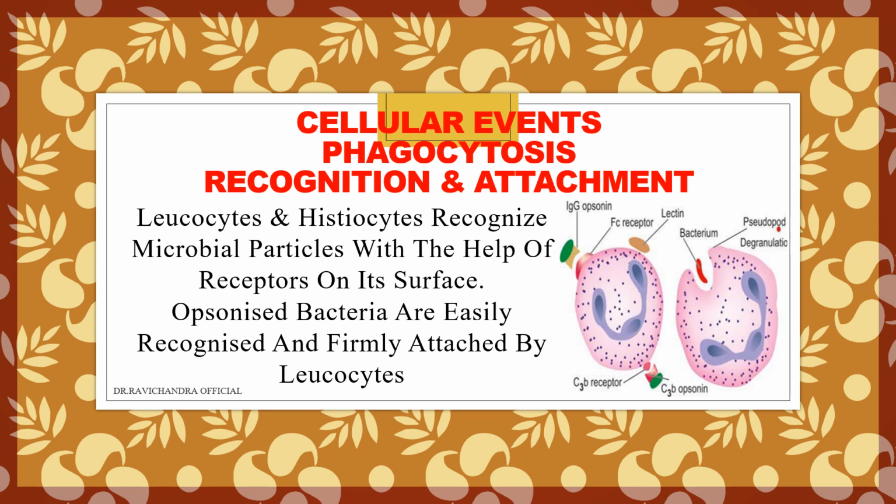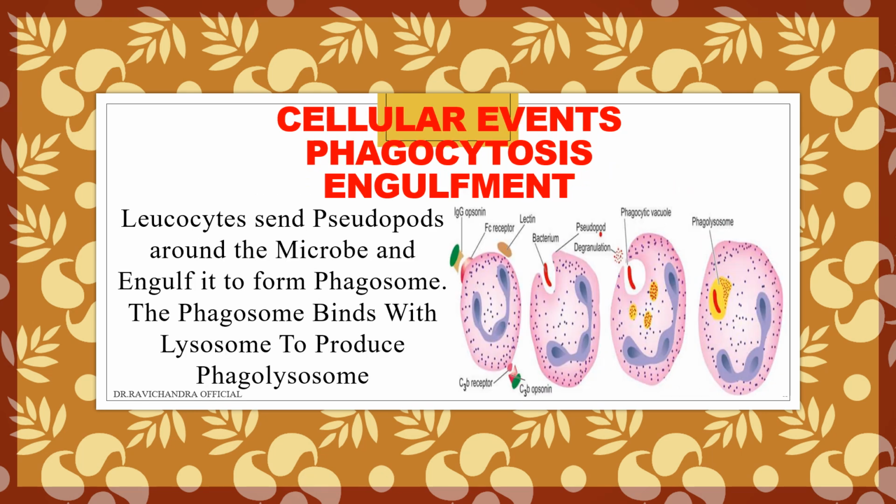IgG opsonin. Next, after the opsonization, there will be engulfment. Leukocytes send pseudopods around the microbe and engulf it to form a phagosome. The phagosome will bind with the lysosome to produce a phagolysosome.